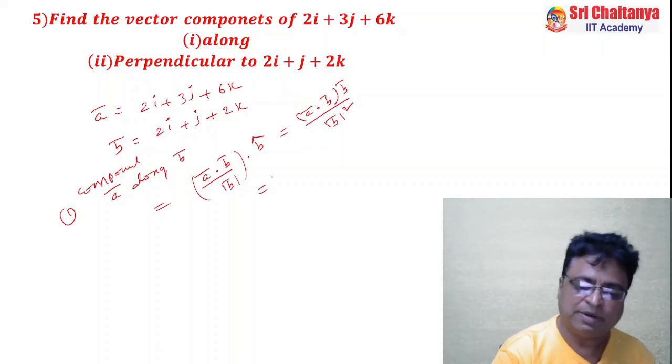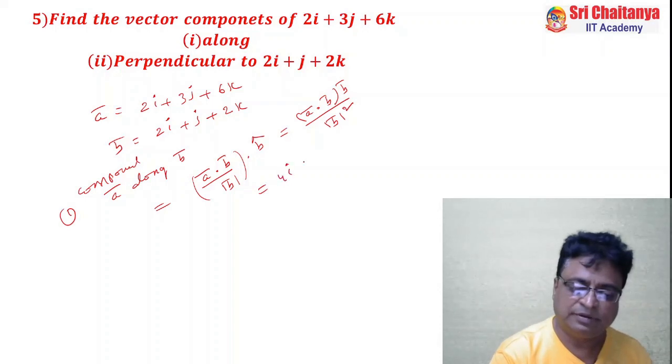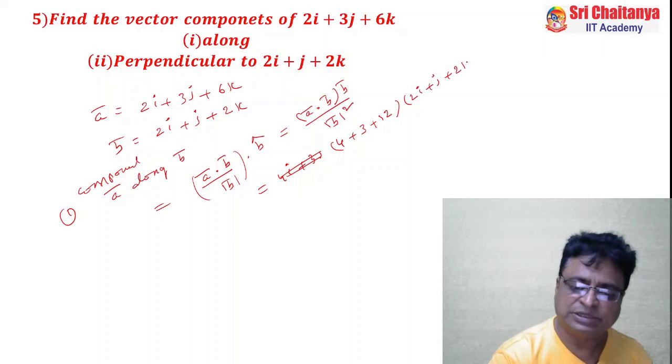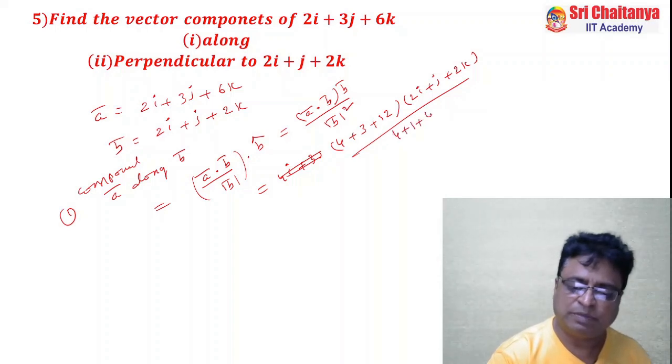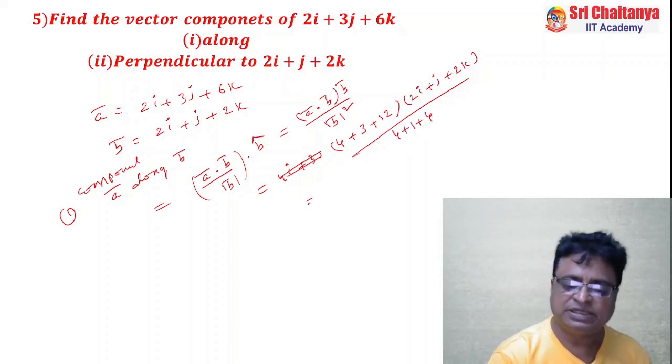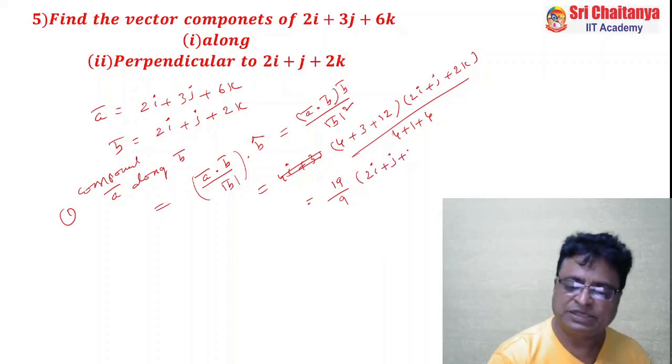So a bar dot b bar is 4 plus 3 plus 12, into b bar. B bar is 2i plus j plus 2k, by mod b bar whole square. There is no square root at all, so that is 4 plus 1 plus 4. So this is 19 by 9 into 2i plus j plus 2k.